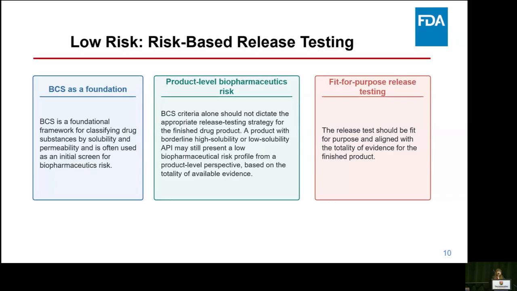Also a product with borderline high solubility or low solubility API may still be considered as a low biopharmaceutical risk profile. And then we emphasize to develop fit for purpose release testing. The testing should be aligned with the totality of the evidence for the finished products.